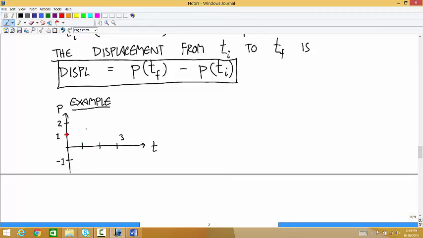At time equals 1 second, the object is at location 2 meters. At time 2 seconds, the object is at location -1. And then finally at time equals 3 seconds, the object is at position 0. And so the whole motion could be something like that.